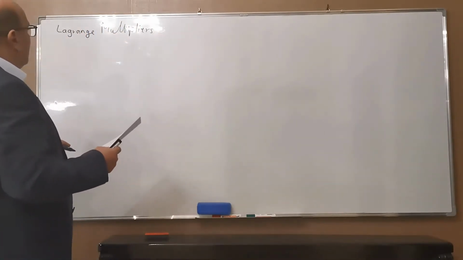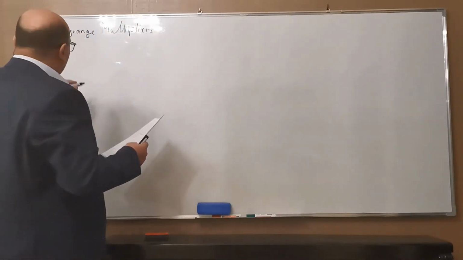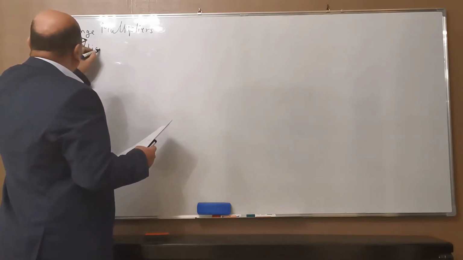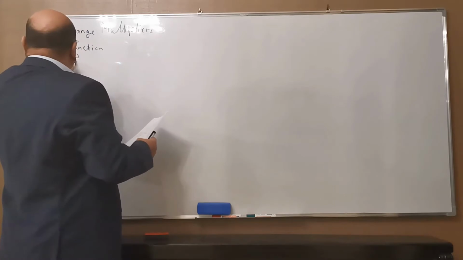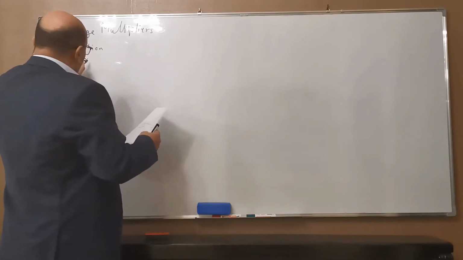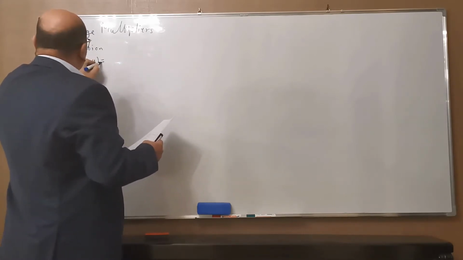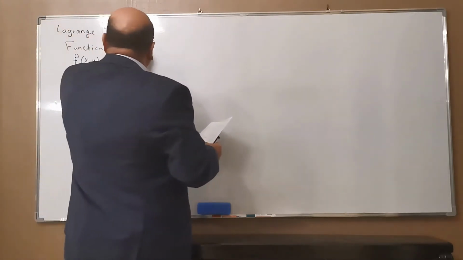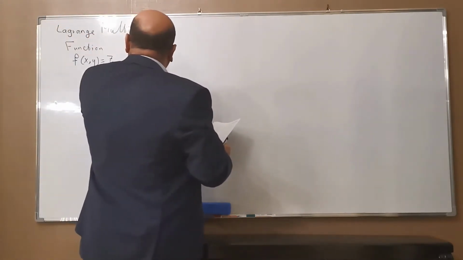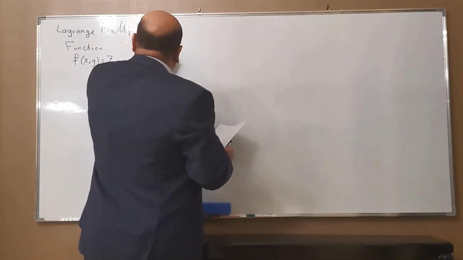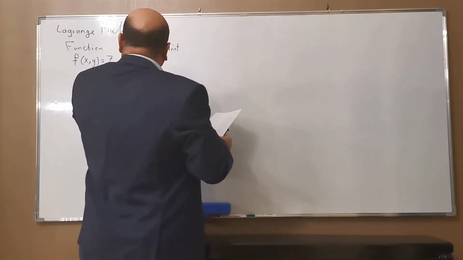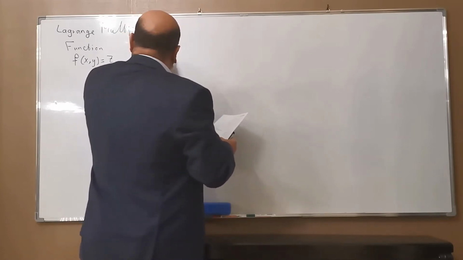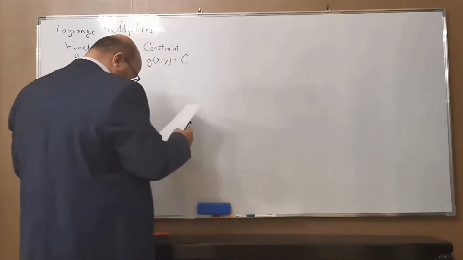وفي هذه الحالة عادة بيكون في عندنا function f of x and y equals z، وفي عندنا constraint g of x and y equals c, constant.